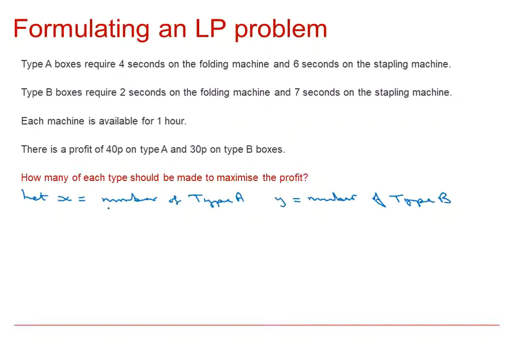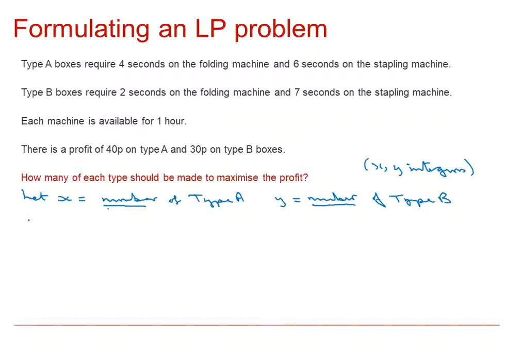It's worth noting here that x is the number of type A and y is the number of type B. Don't just put x equals A, y equals B. That will be confusing. The other thing to note in this problem is that x and y will be integers because they are whole numbers of boxes. So always define your variables clearly.